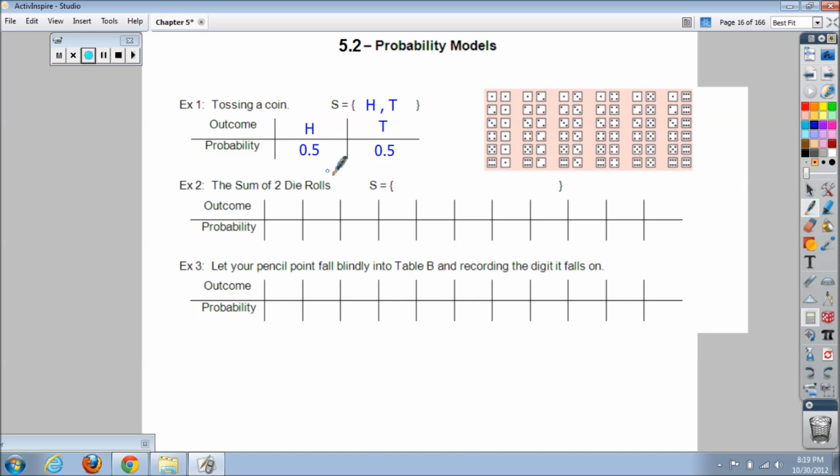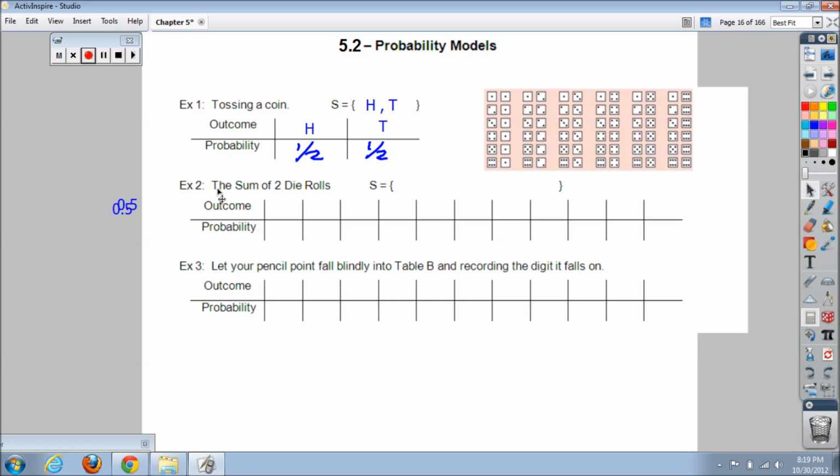If you want to use decimals like I did here, that's fine. If you would prefer to use percentages, that is perfectly fine. You could say 50%, 50%. Or if you prefer fractions, you can say 1/2 and 1/2. So decimals, fractions, percentages, any of them are completely acceptable answers.